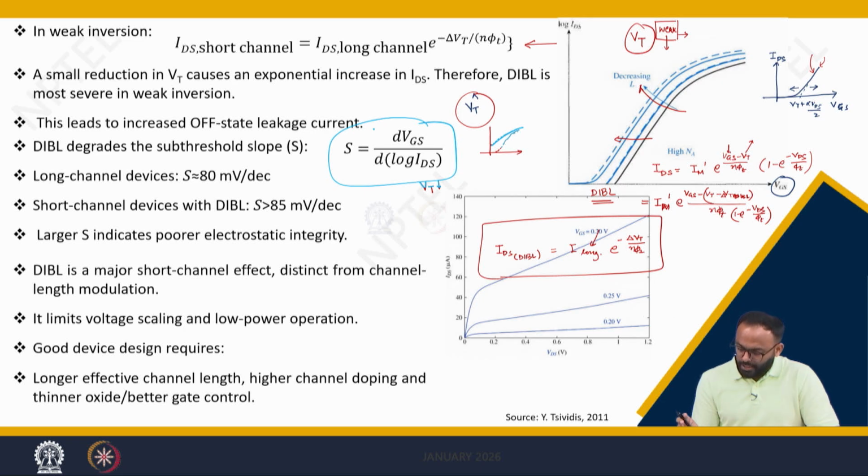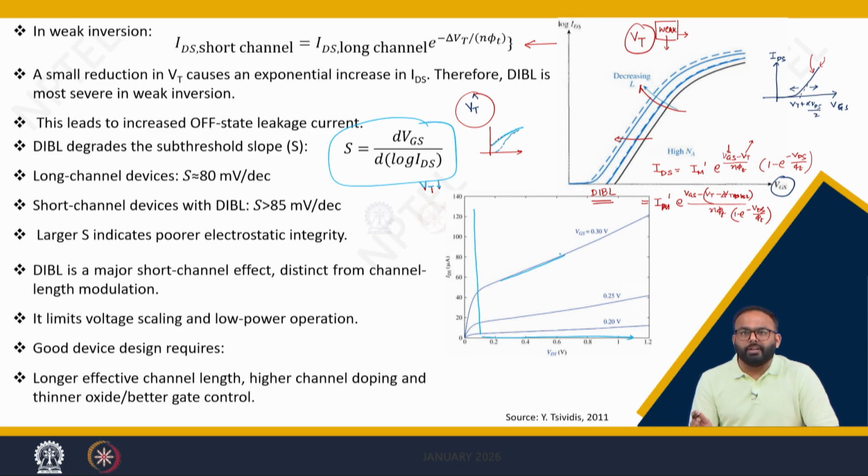The phenomenon of DIBL is much more severe when you talk about the ID-VD characteristic, right. When you plot the ID-VD characteristic considering DIBL in weak inversion, there is a finite slope in the ID-VD characteristic.